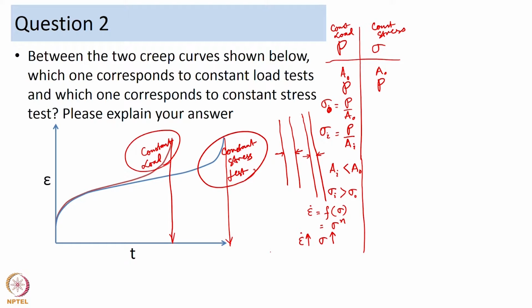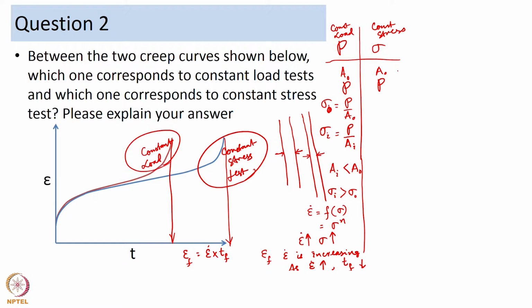For the same failure strain epsilon f, which equals the strain rate times the time to failure T f, as epsilon dot increases, the time to failure is going to come down. So, that is what is happening in a constant load test. Now, let us look at the constant stress condition.